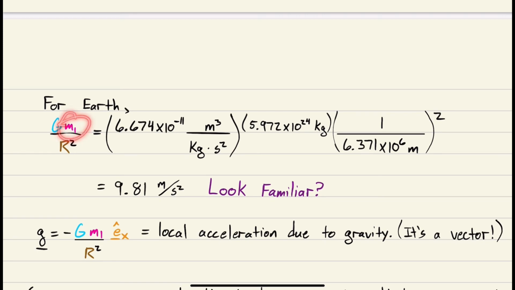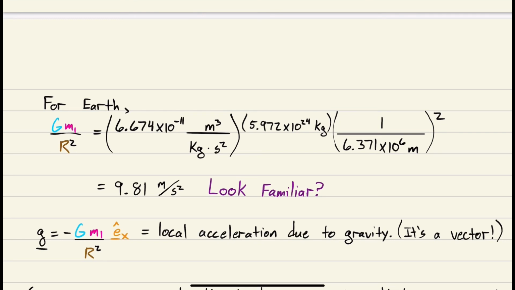The mass of the Earth, according to Google, is 5.972 times 10 to the 24th kilograms. And then over R squared, well, R is 6.371 times 10 to the 6th meters. That is the radius of the Earth in meters. And we square that. When you plug that into your calculator, you get 9.81 meters per second squared.